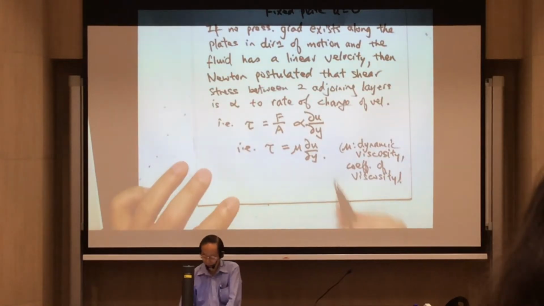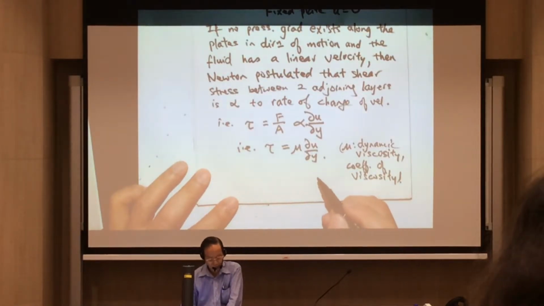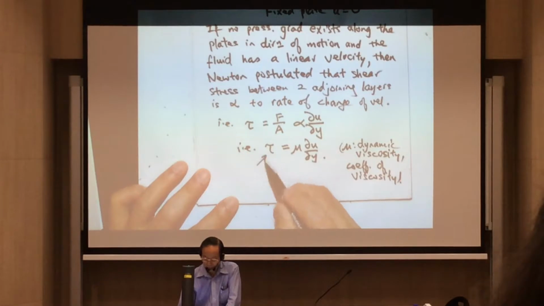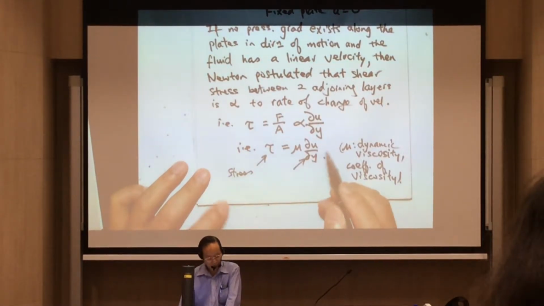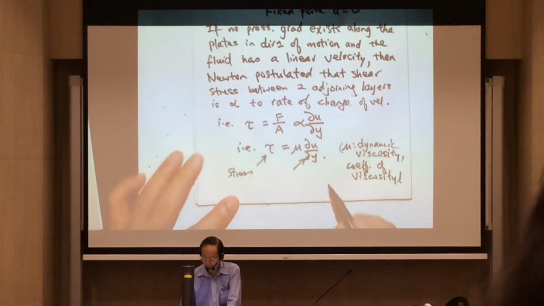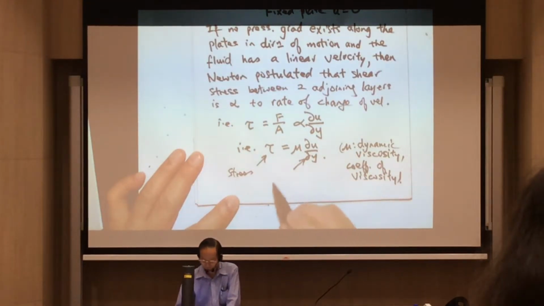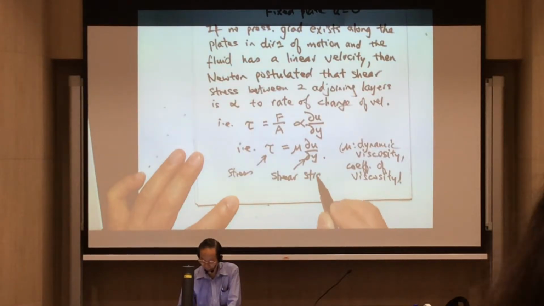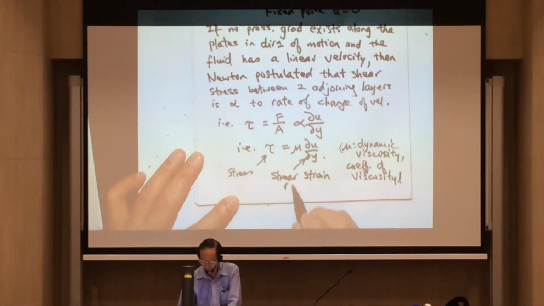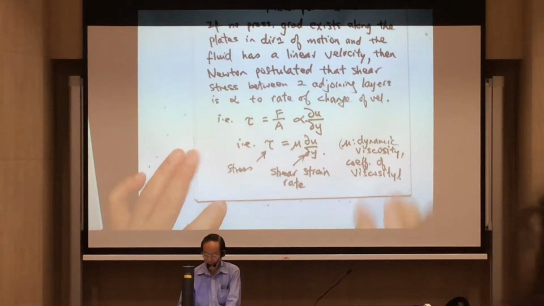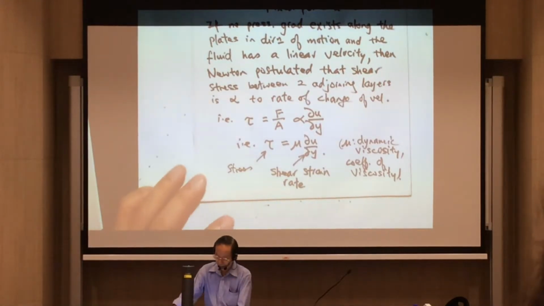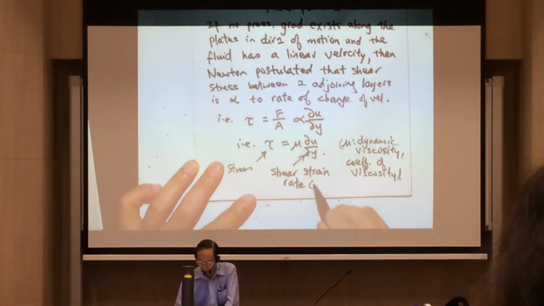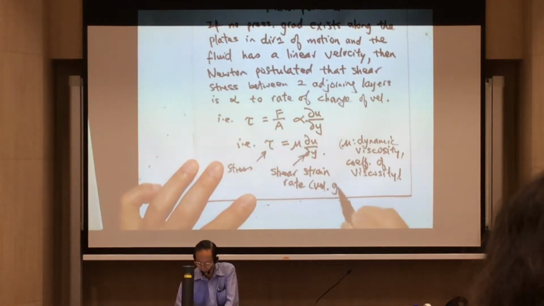And tau is a stress, and du/dy is the velocity gradient, and sometimes it's also called the shear strain rate. Shear strain rate. Okay? This is a gradient, also called velocity gradient.